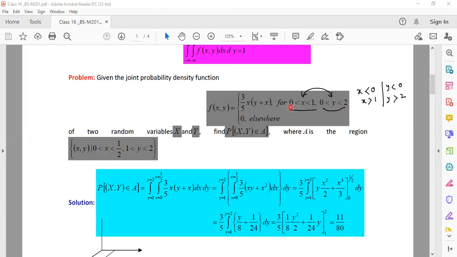So if the function is defined for x lying in 0 to 1 and y lying in 0 to 2, the function is also defined for x lying in 0 to 1/2 and y lying in 0 to 1. So definitely we can proceed.